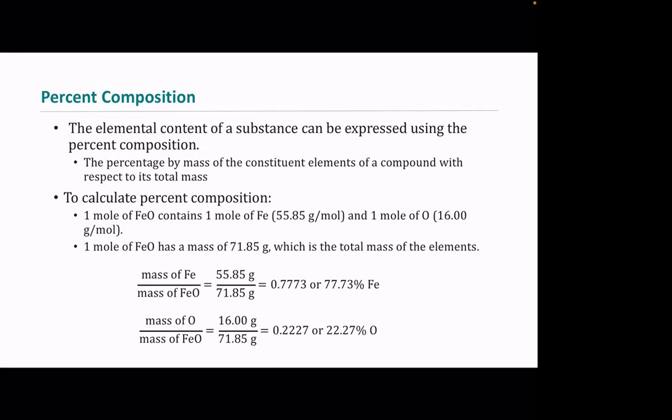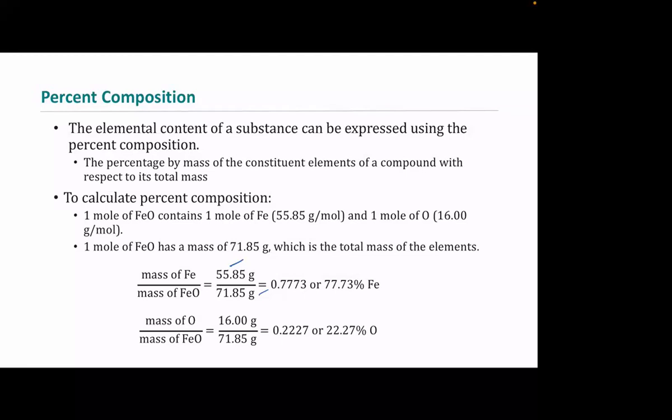We can look at the percentage of total mass, and that's just the mass of iron over the total mass of iron oxide times 100. That's all it is, percent composition. So if you ask for the percent of carbon in methane, you just say 12 divided by 16 times 100.